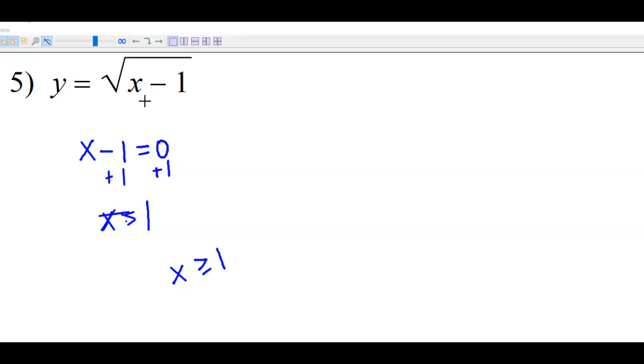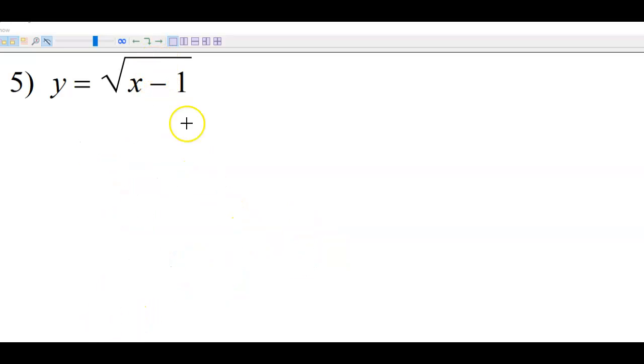But if I were to put anything less than 1 in there, like a 0, 0 minus 1 is negative 1, or if I were to put a negative 1 in there, that's going to give me negative numbers underneath the square root. And so I would not want anything less than this. So x is greater than or equal to 1. Again, I could write it in interval notation as 1 to infinity. Okay, so that's my domain here for this function.